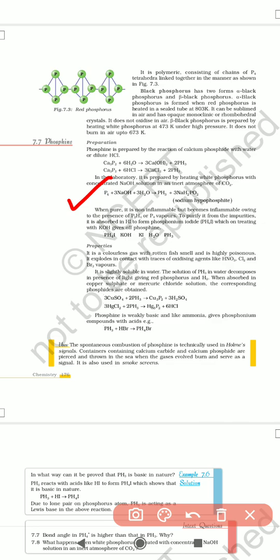These are the major preparation methods of phosphine.